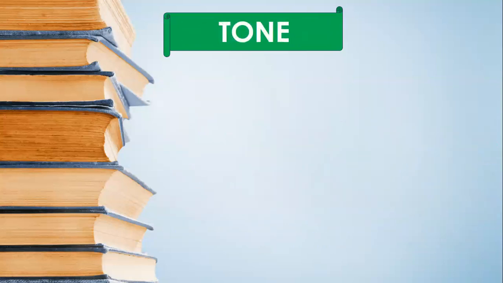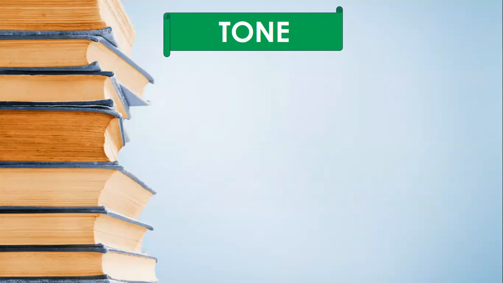Next, tone. Okay, so class, let me clarify on this one. The word tone here is used differently from how you generally perceive this word. Tone here doesn't mean the sound that you hear normally.